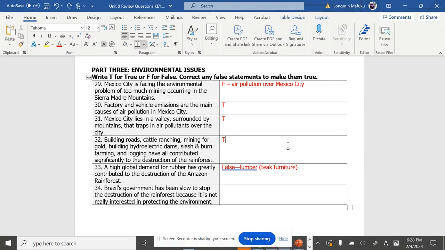34, Brazil's government has been slow to stop the destruction of the rainforest because it is not really interested in protecting the environment. This is false. The Brazilian government actually put a lot of money aside for Amazon preservation services, so they try to keep the area so that people do not destroy those particular areas.